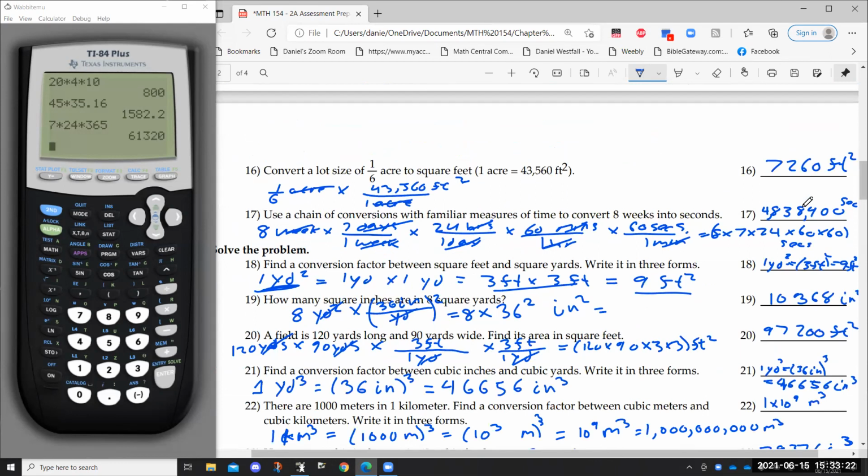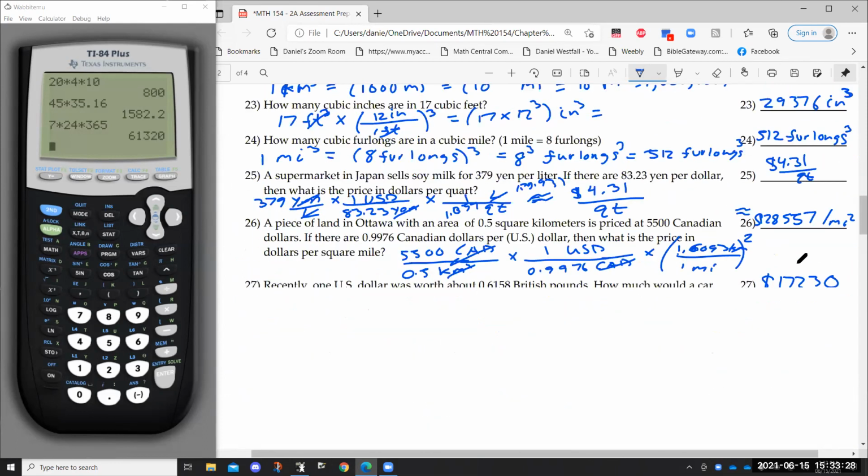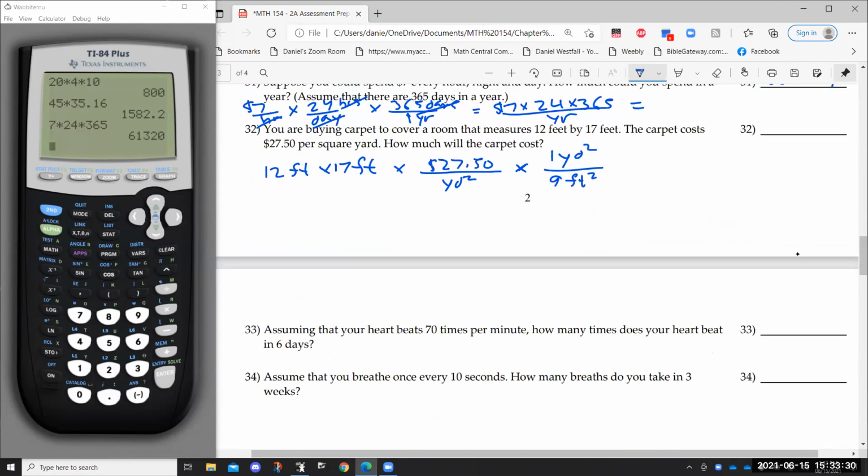We did it right here, where a square yard is 3 feet squared, which is 9 square feet. We did that one. All right, so square yards go away. Square feet are going to go away. And I'm going to have 12 times 17 times 27.50 divided by 9.